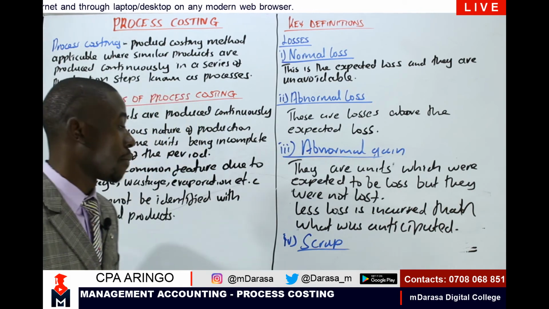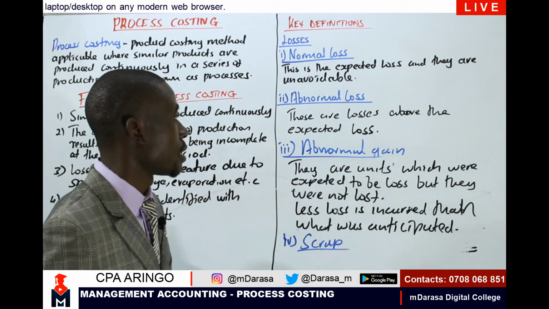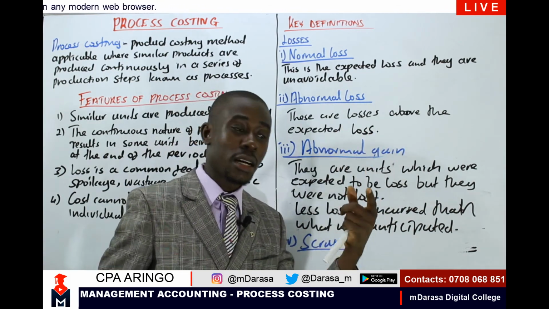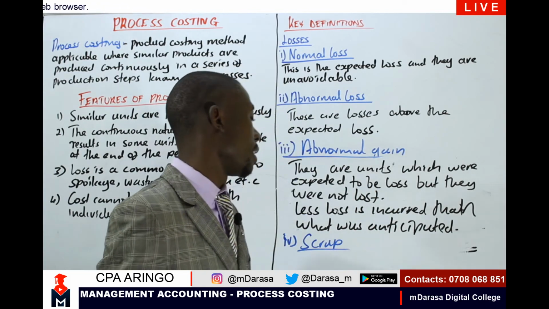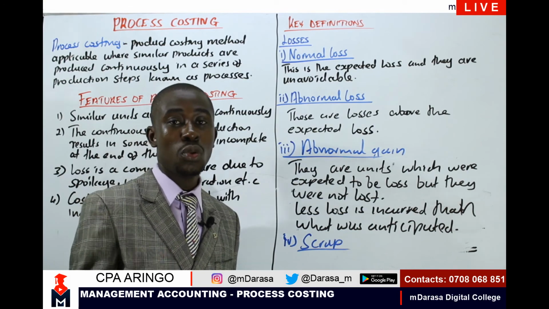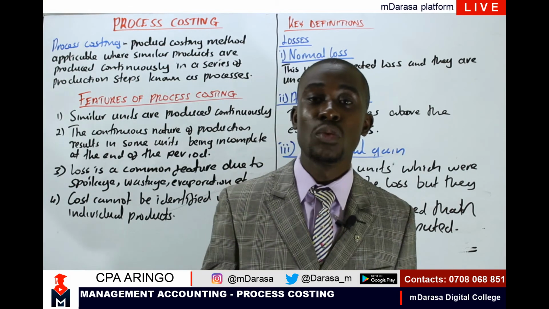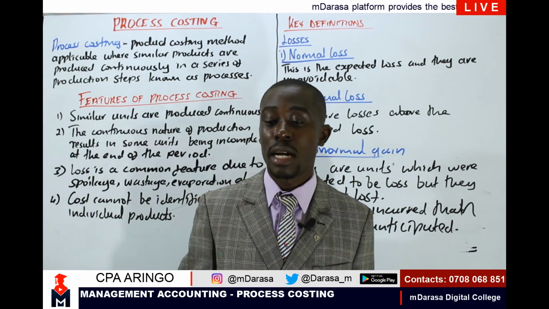So scrap, this is a value. Yes, I'd anticipated this loss to occur. But as at the end of the day, as I've incurred the losses, you'll find that still I'm going to dispose the units of losses. The value that you're going to receive after disposing the units that we've counted as losses, these are what you are going to term as scrap.